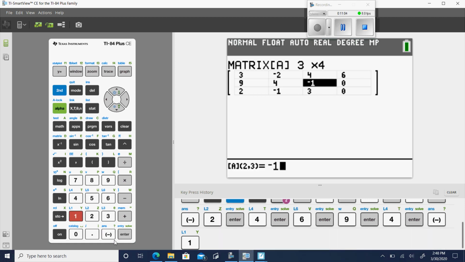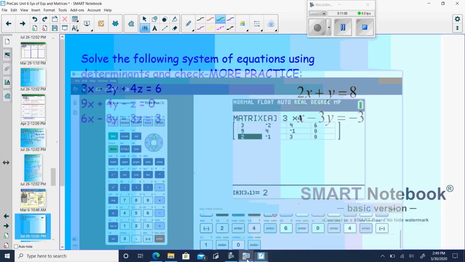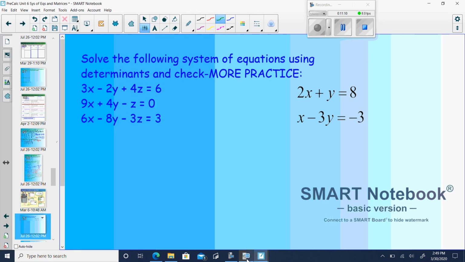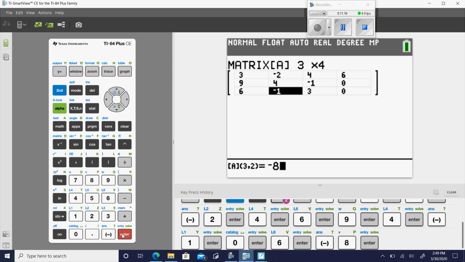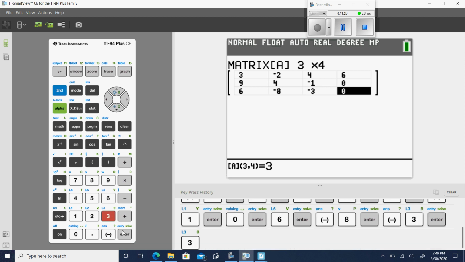Okay, third row, 6, -8, -3, 3. So 6, -8, enter, -3, enter, 3, enter. All right, so now we want to quit out of that.